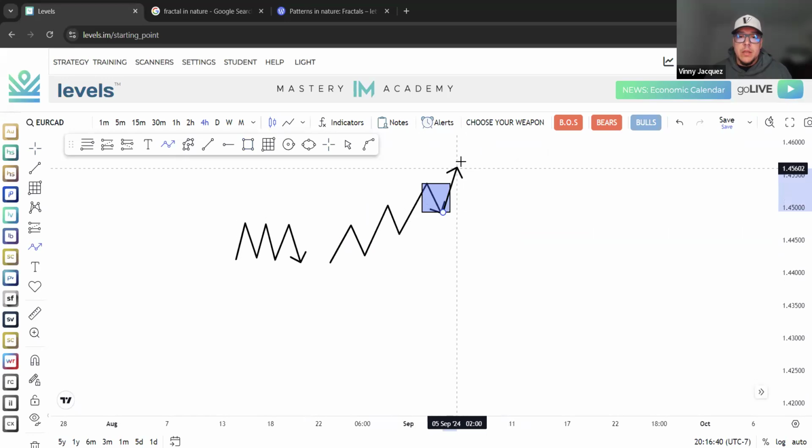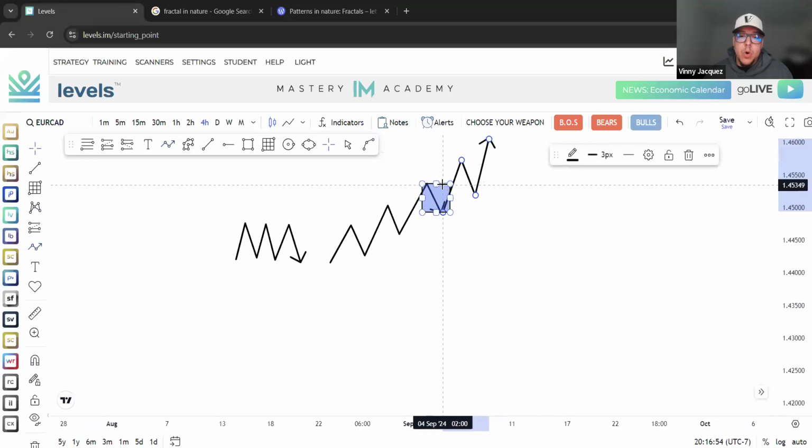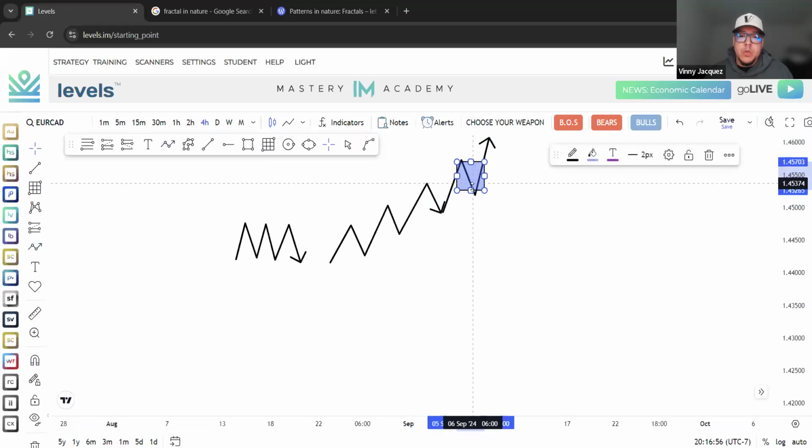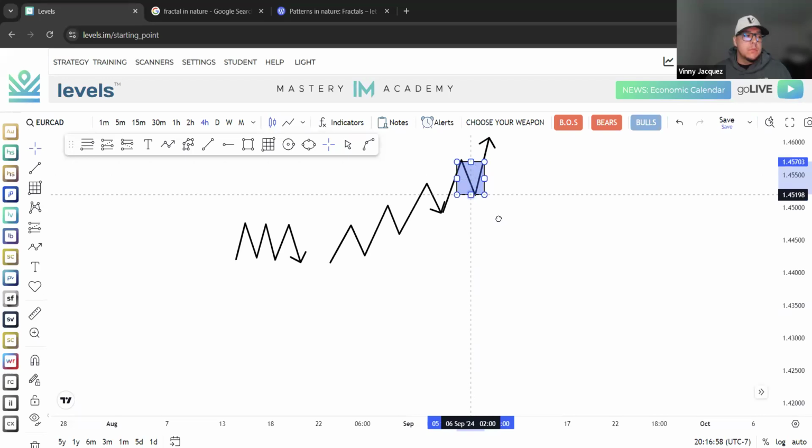As soon as we get this right here, that would technically be the 50%, right? So as soon as we change character, we get that 75%. Does that make sense? Anytime we go higher, the left shoulder will always be 25%.